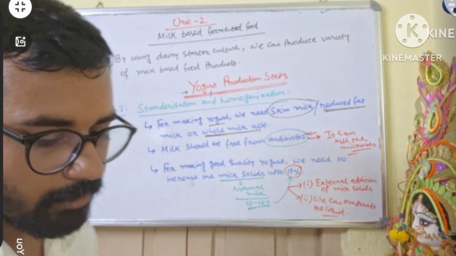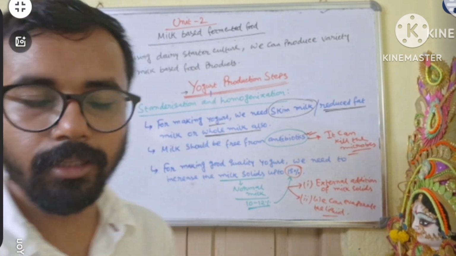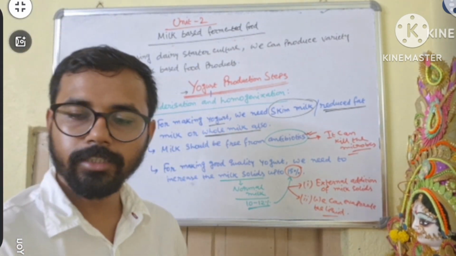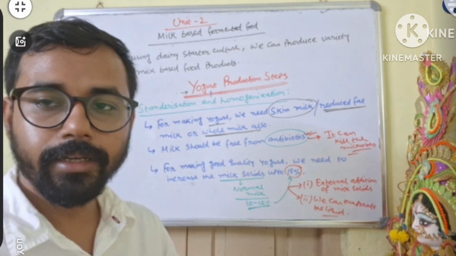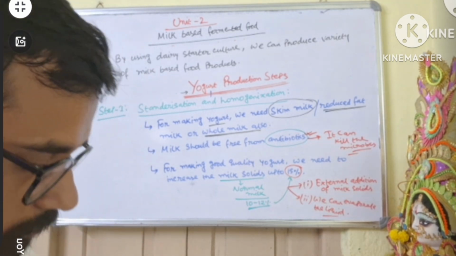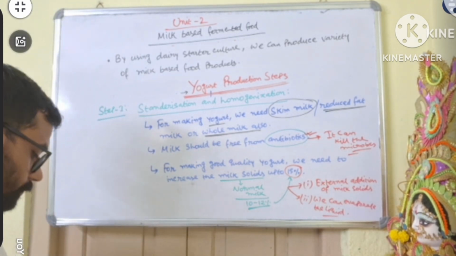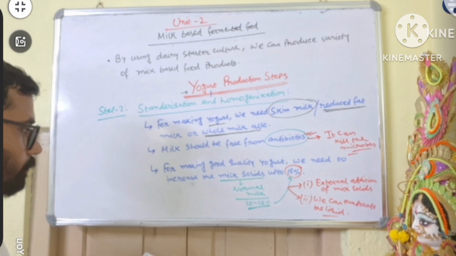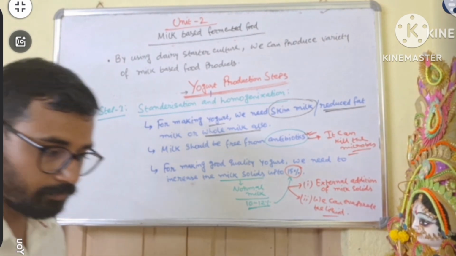In that way, we can reach 15% of milk solid, and that will be the standardized portion for the better yogurt making process. Clear, everyone?